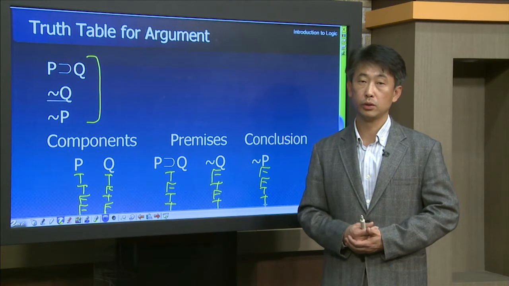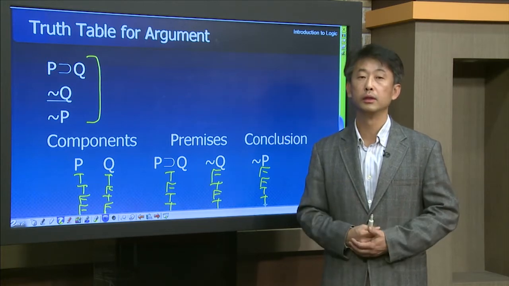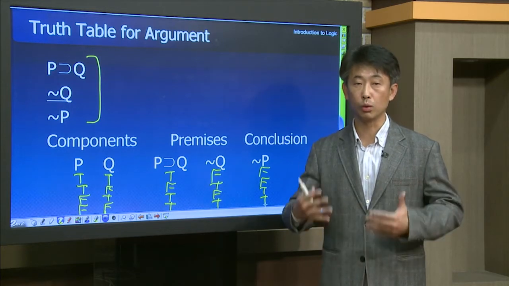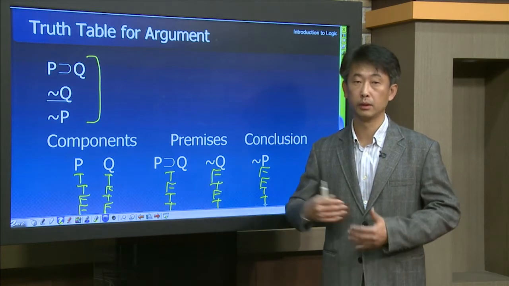Now, why do we construct truth tables for arguments? The reason is we want to know whether the given argument is valid or not. As a logician, you are interested in the question of whether the conclusion follows from the premises.